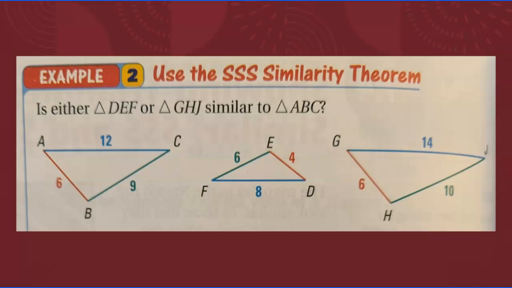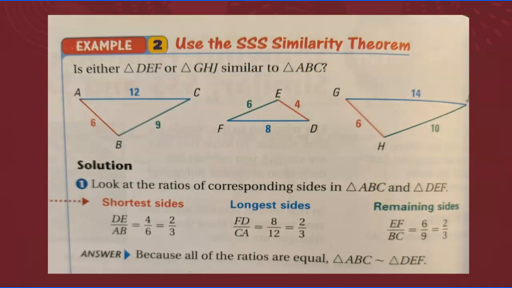So what we do is we go down and we write out our symbols. So first we start with the shortest sides. So I am going to have DE, and I'm going to make it proportional with the shortest side of the first triangle, AB. So I'll have 4 over 6. That comes out to 2/3.